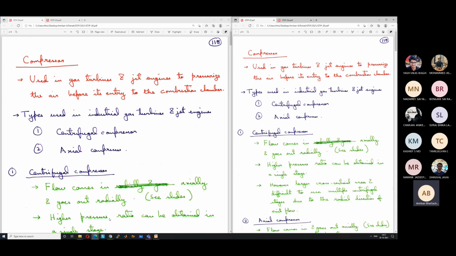Today we will go through centrifugal compressors, then axial compressors in subsequent classes, and then briefly discuss combustion chambers, and finally finish with a brief discussion and mathematical analysis of turbines and other aspects like turbine blade cooling and turbine blade material.